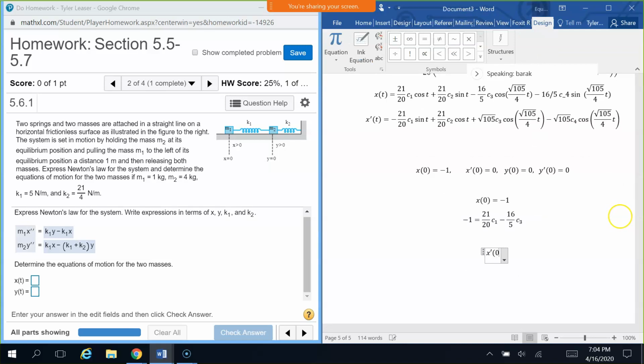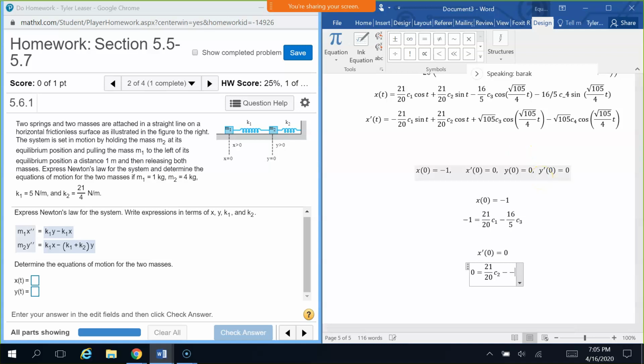My next one, x prime of 0 is equal to 0. That's going to give me the equation 0 is equal to 21/20 C2 plus square root of 105 C3. No, minus, oh, geez.